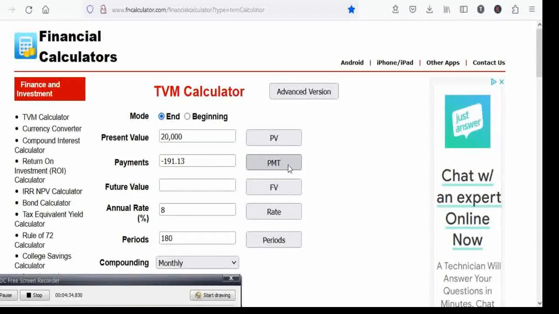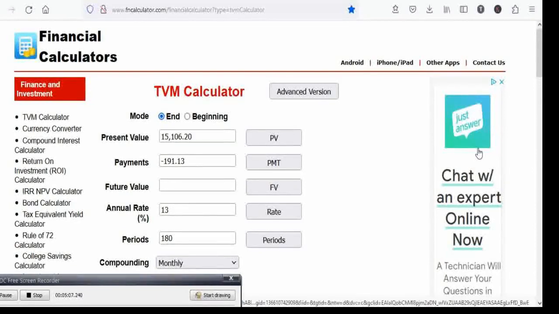Next, we want to calculate the present value of the note at our required yield, which in this case is going to be 13%. So what we do is we plug 13 into the annual rate field and then recalculate the present value. The present value is the amount you'll be paying for this cash flow in order to come away with a 13% yield. And the answer then is $15,106.20.